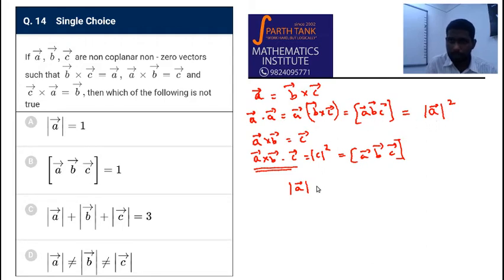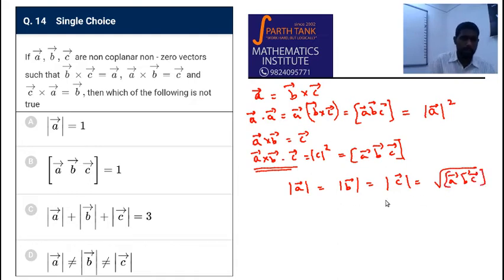Mod of B also will be the same, and mod of C also will be the same. It will be square root of ABC, basically, the triple product. So we have established that all three have the same magnitude. So this is not true. So the answer could be this.